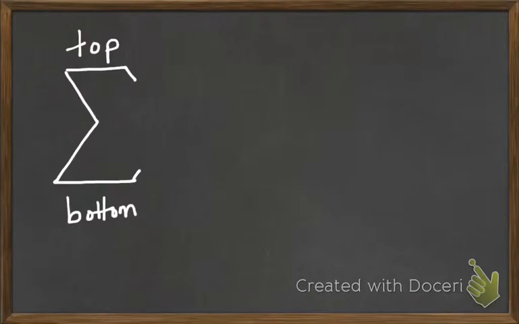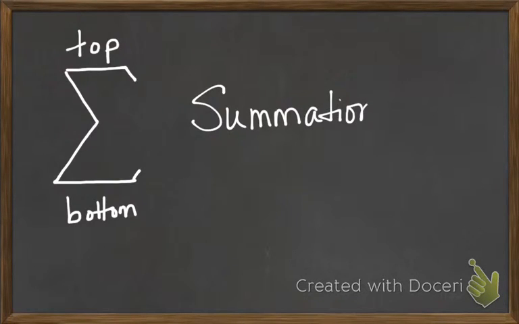This is the first symbol that we've seen anywhere until we get to this chapter. This is the summation symbol, and it's asking you to find a certain sequence. So you're going to find that sequence kind of like you did in last night's homework, but that symbol means that you're going to do a sum of all the numbers that are in the sequence. So the symbol means summation.